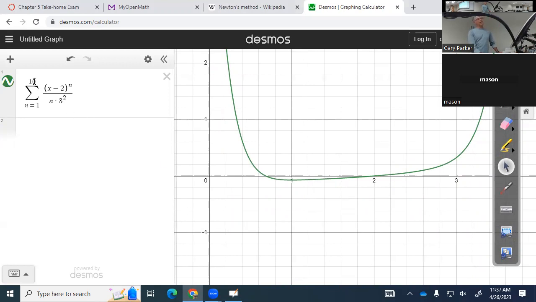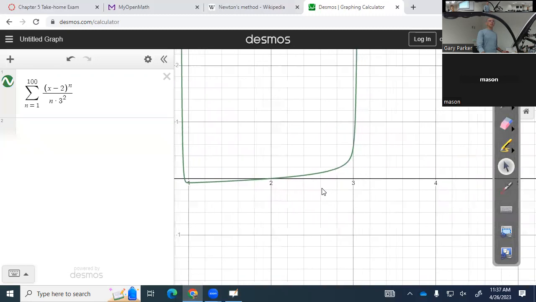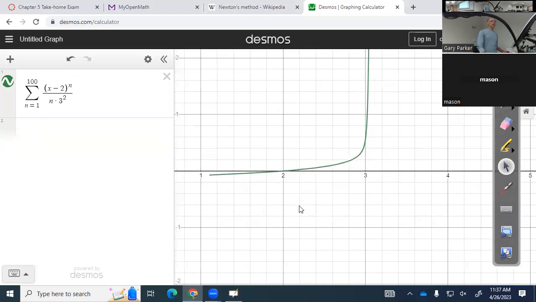I only added 10 terms. I wonder if Desmos can handle 100 terms. Maybe. So in this case, it looks like it can handle it pretty well. Now, again, my series should be converging out to 5. And this thing is starting to take off around 3.